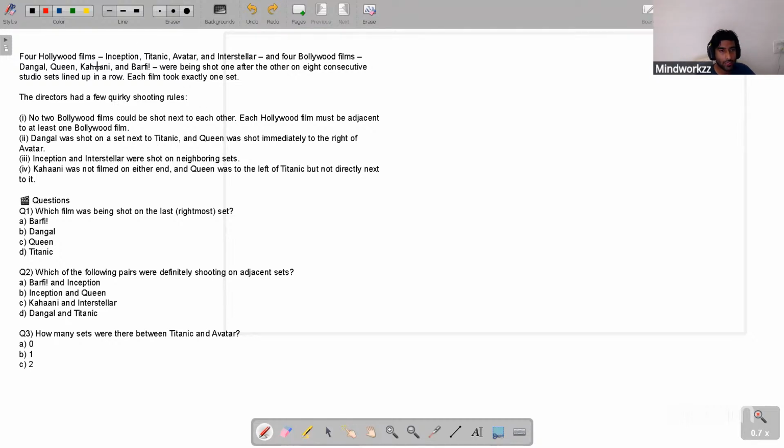The set says four Hollywood films. What are the film names? Inception, Titanic, Avatar, and Interstellar.